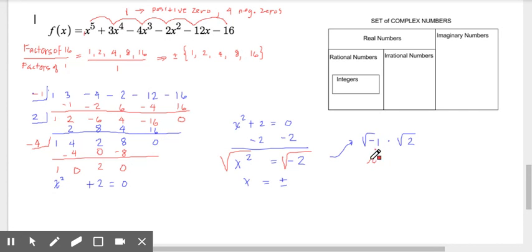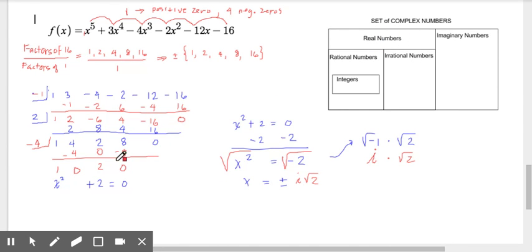So this is one imaginary unit times square root of 2. And so this becomes now i square root of 2. So it indicates that this is an imaginary number. It's not visible in the graph, so not real.